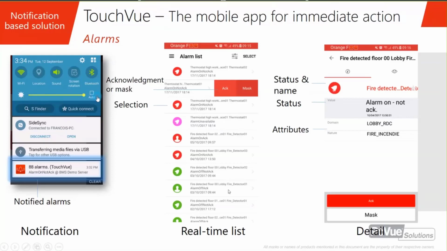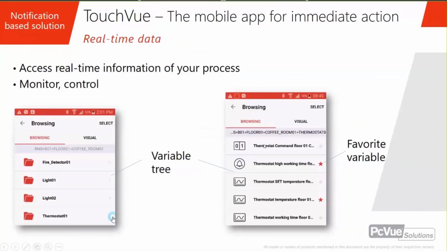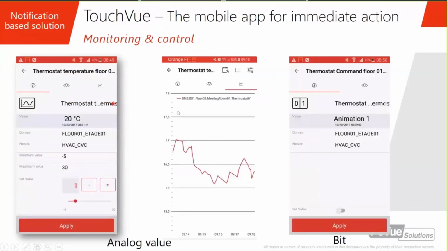It's also possible to go through the real-time values of your process, and you can change a value from this interface as well. Here is an example of a trend for a trend value.